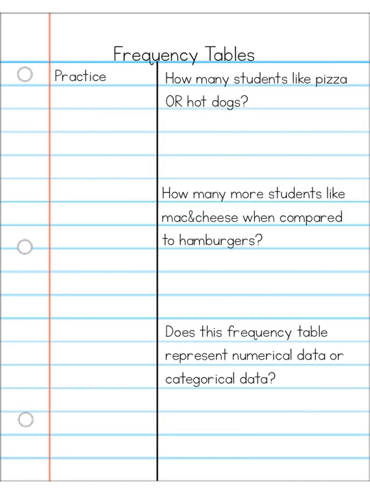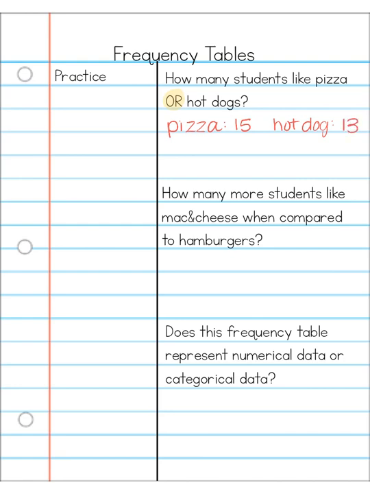Our next practice question says, how many students like pizza or hot dogs? This word or is telling me that I'm going to look at both of those frequencies. So pizza had a frequency of 15. Hot dogs had a frequency of 13.